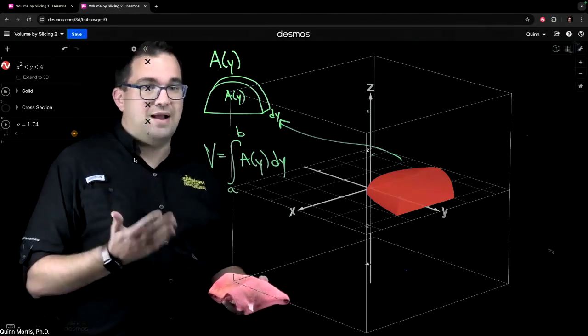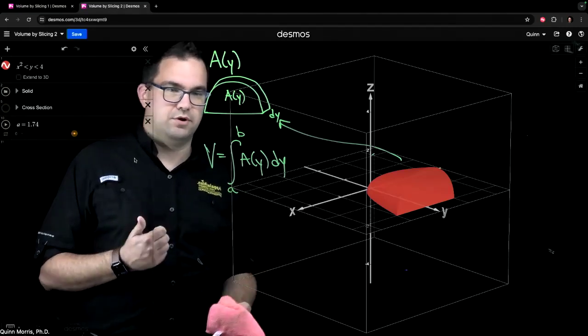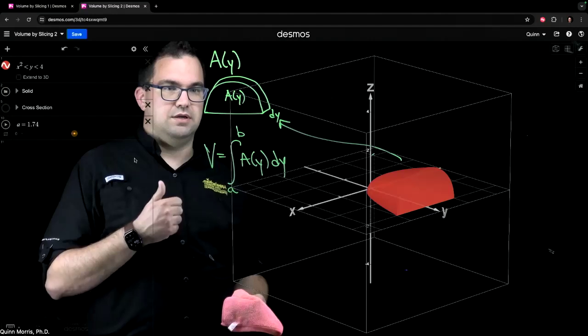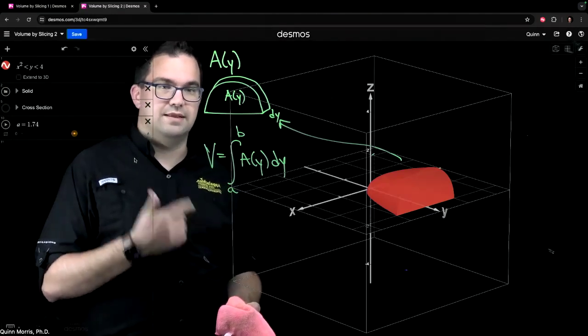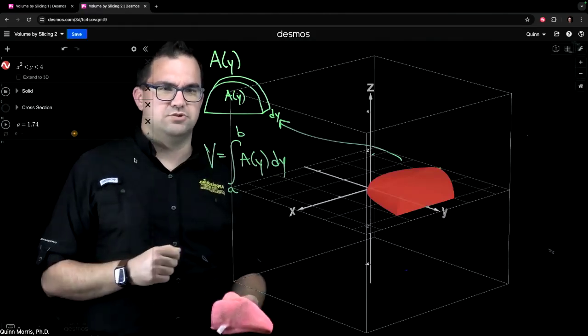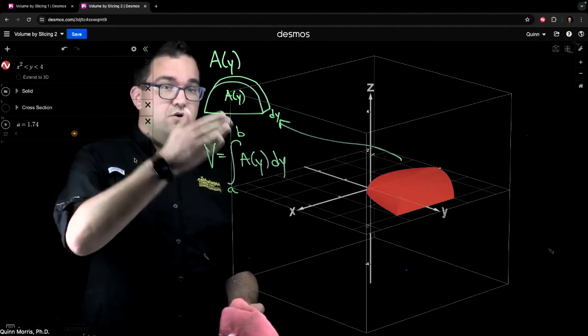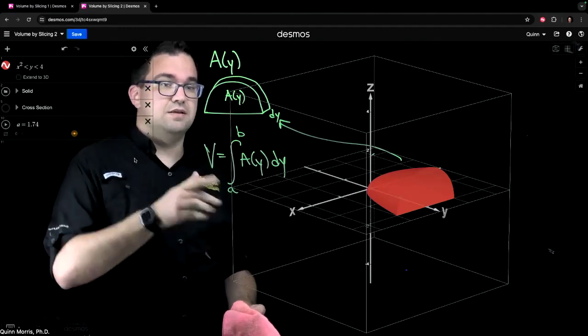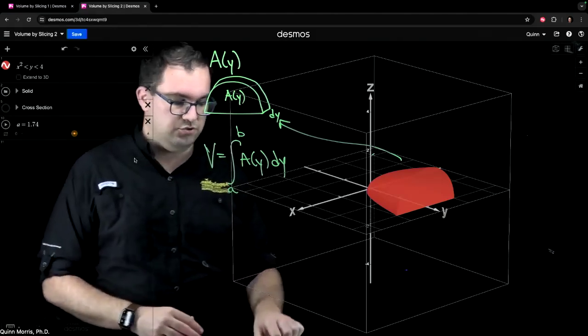Practically speaking, that means the cross-sectional areas need to be nice shapes. Primarily, we're going to be looking at things like triangles or squares or semicircles, something we can easily find the cross-sectional area of. But in general, if you can find that cross-sectional area for any of those slices, then you simply integrate those over the range of relevant y values to get your total volume.